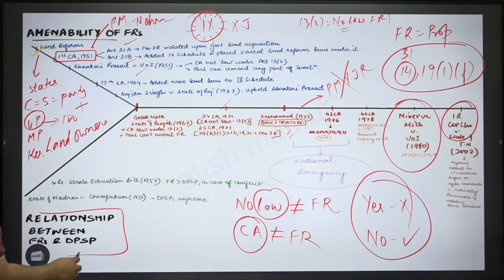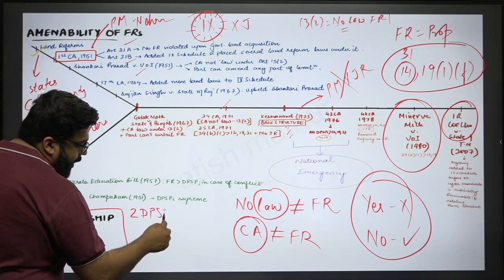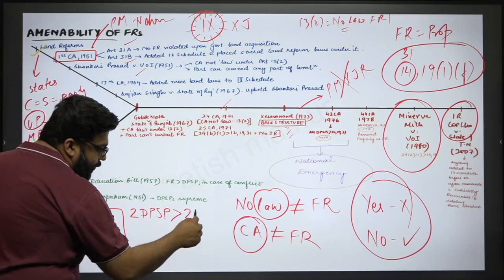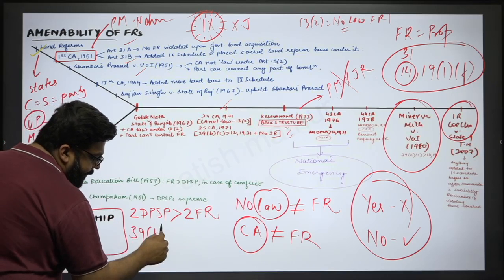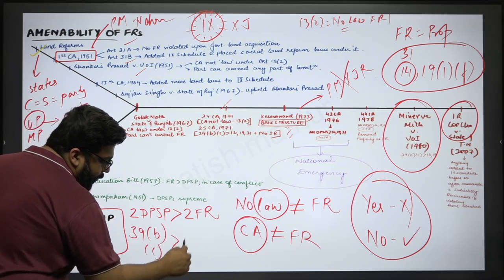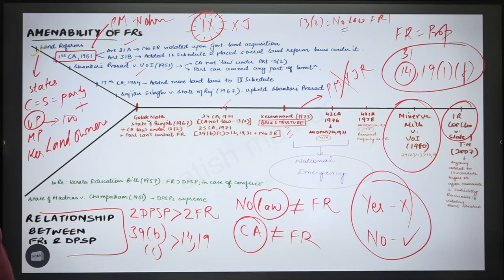The basic relationship is two directive principles are superior to two fundamental rights. So 39B and C are superior to 14 and 19, if 14 and 19 are the only two objections.